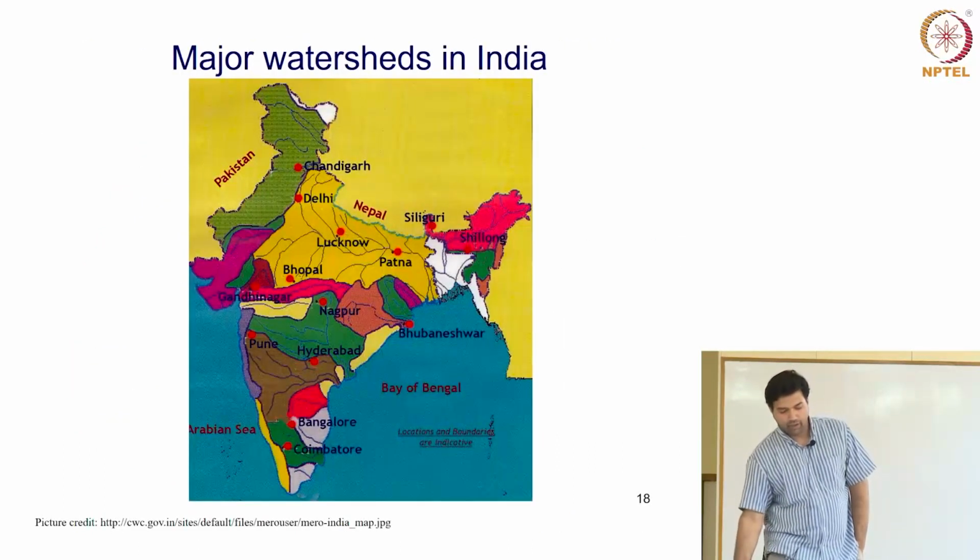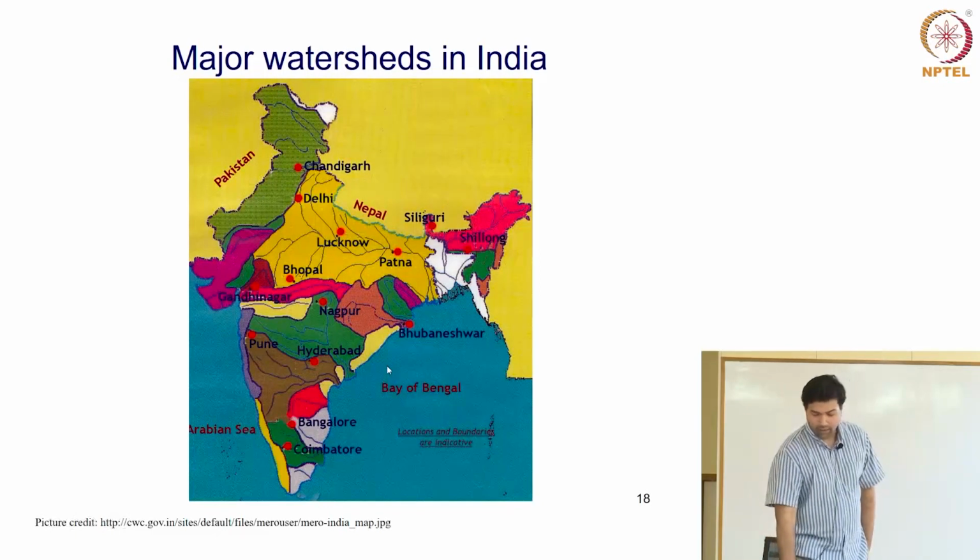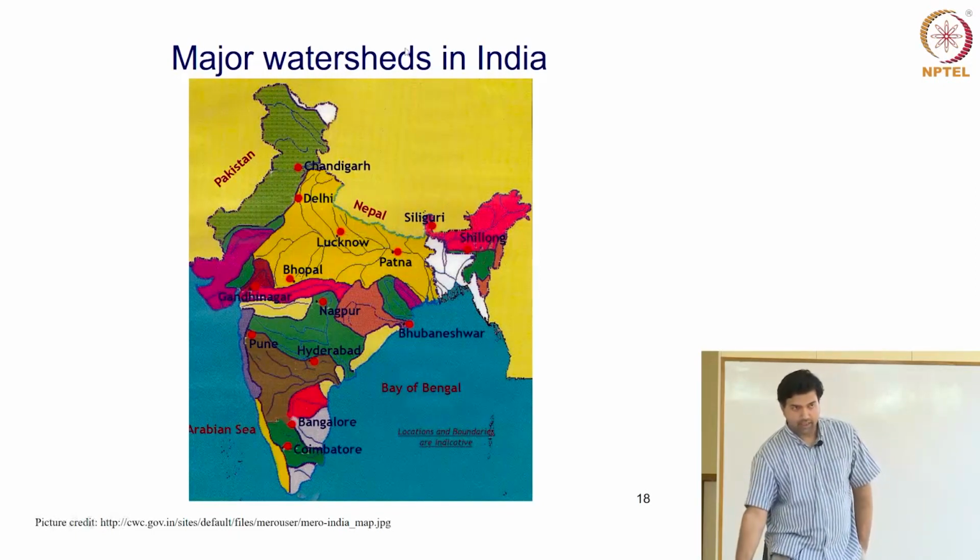Obviously people will know your Ganges, your Narmada, your Brahmaputra, your Krishna, Godavari. These are your key watersheds, and each one is colored, and your watershed boundary is defined based on your flow accumulation grid. So you get your boundaries for the watersheds, and your river network is also computed based on your flow accumulation grid.